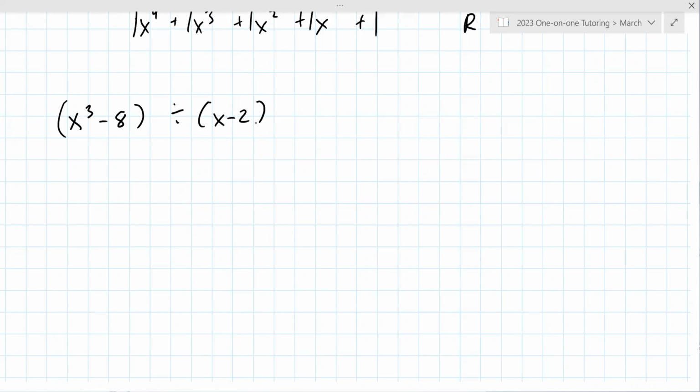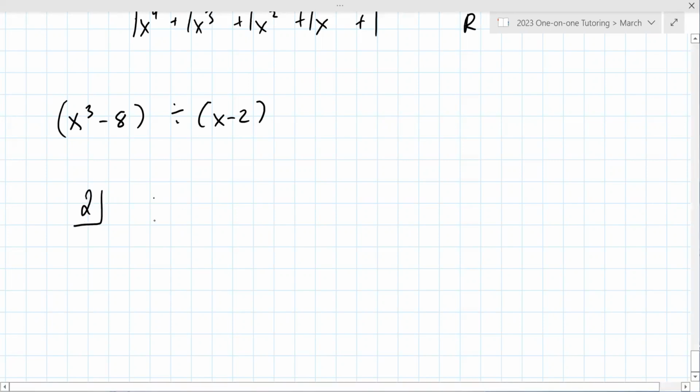That's 2, and that's 4. And then 8, 0. It'd be x squared plus 2x minus 4.